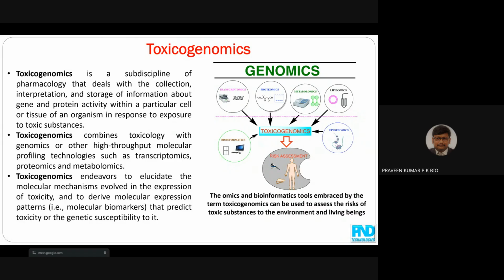The next thing is toxicogenomics. What is toxicogenomics? There are types of omics, like genomics, which studies genes, the organized collection of genes in the chromosome.